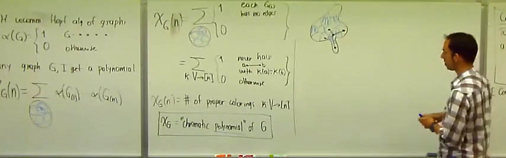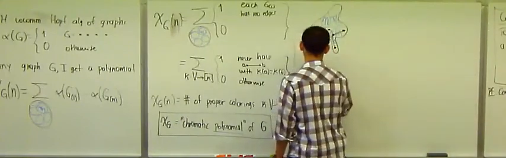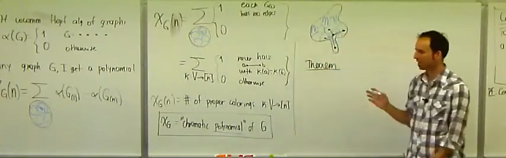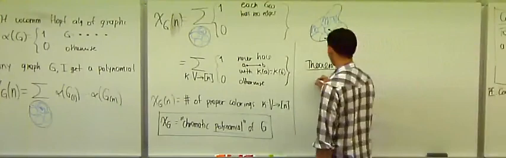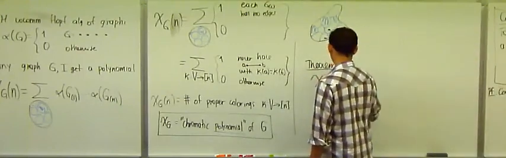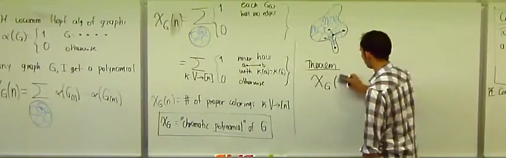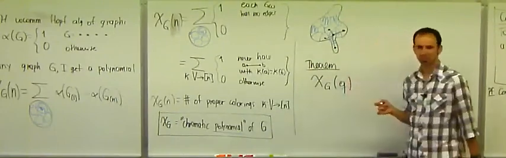But actually, let me give you a theorem, which also comes straight out of the theory, and you have to kind of unravel the definitions to see this, but the theorem is the following: the chromatic polynomial of a graph is actually the same as the characteristic polynomial.